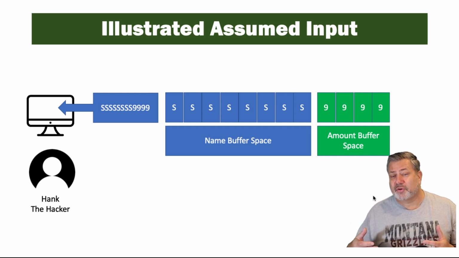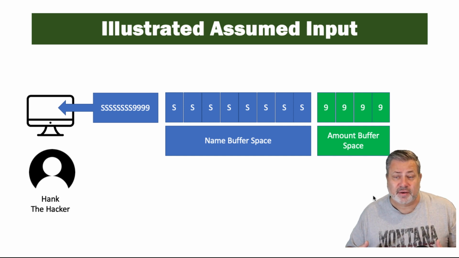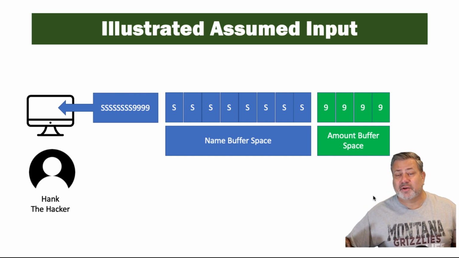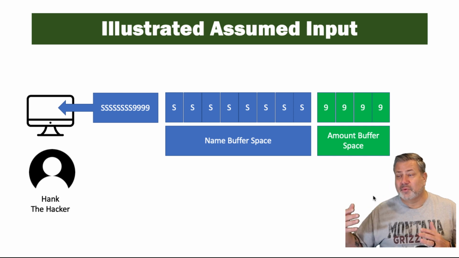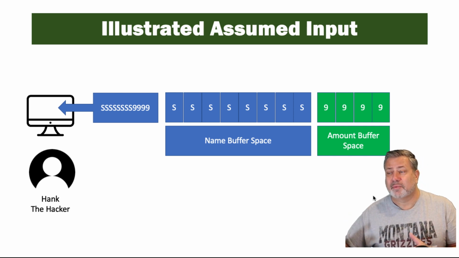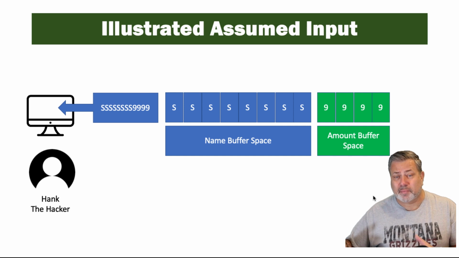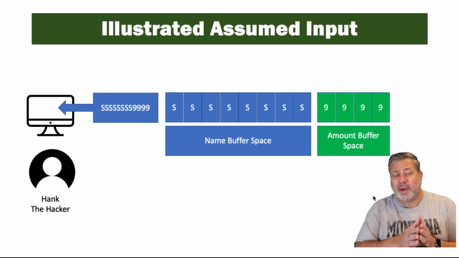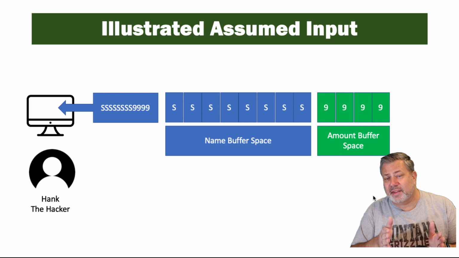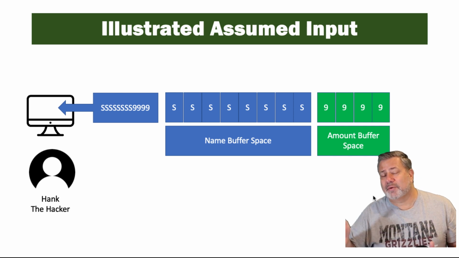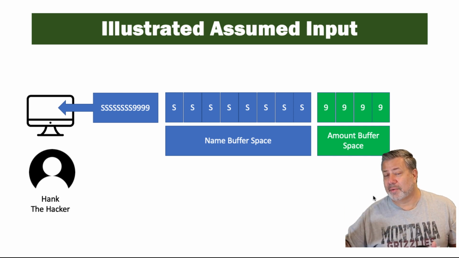If that amount buffer space was for something like a refund, a $10 refund or a $10 discount already set in the program, maybe based on their username, Hank now fills up the name space and has determined that the next buffer space he can overflow into is this amount space.